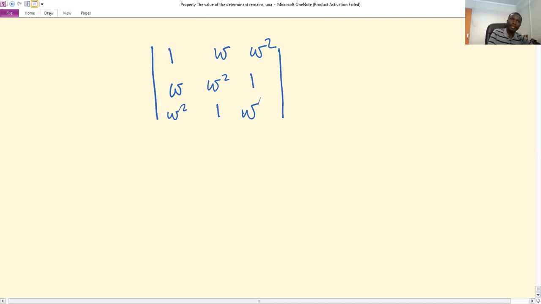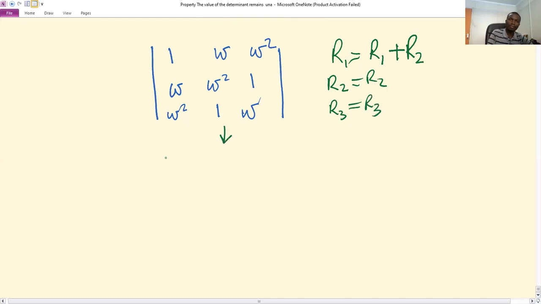So let's first say row 1 becomes row 1 plus row 2, row 2 stays row 2, and row 3 stays row 3, just step by step.